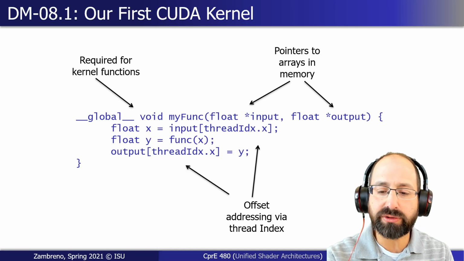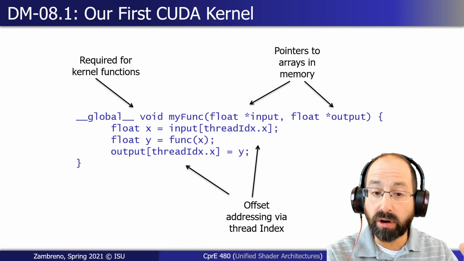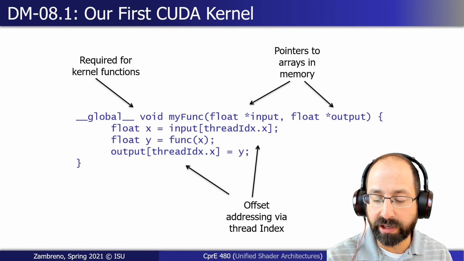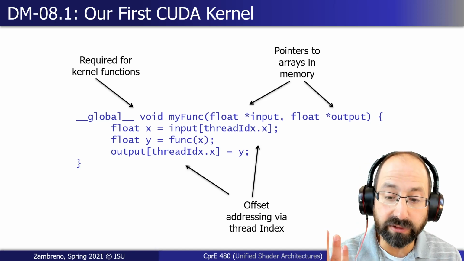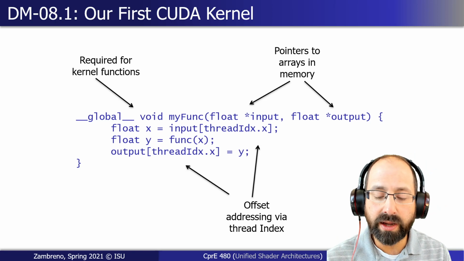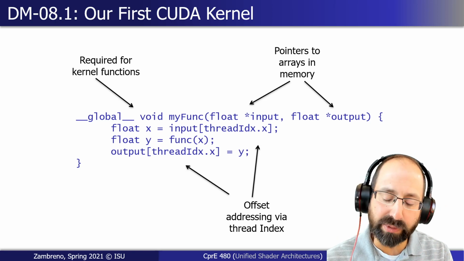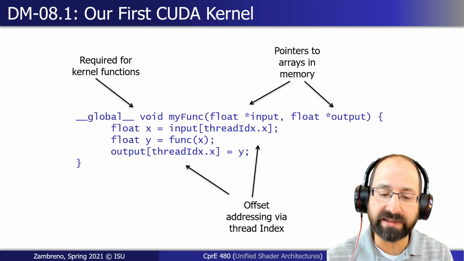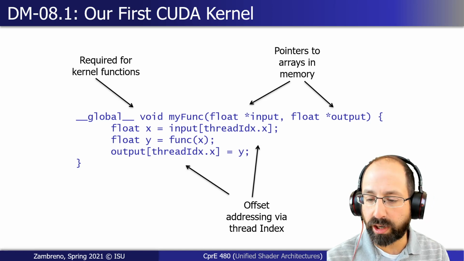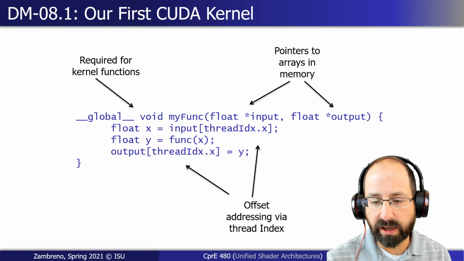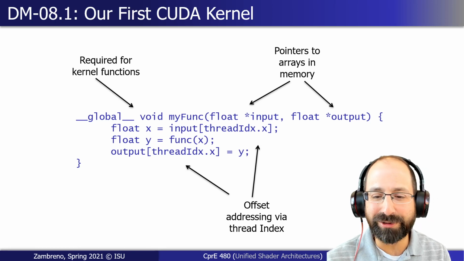I think it's a fairly straightforward advance of what you would have learned in a CPRE 381 type of course, to see what the evolution looks like and how it's different from both the scalar processor and the pipeline processor we talked about in 381, as well as some of the vector extensions we already talked about in 381. So this is where we left off on Tuesday, just looking at our first CUDA kernel.